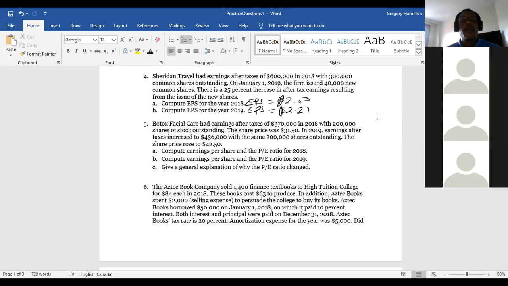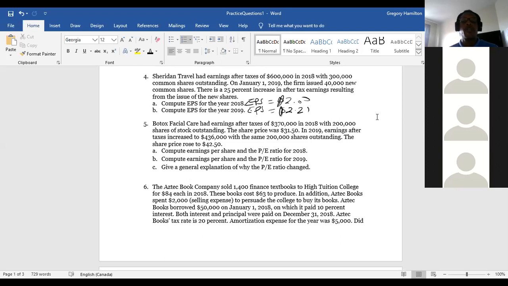Botox Financial Care had earnings after tax of 370,000 in 2018, with 200,000 shares outstanding. The share price was $31.50. In 2019, earnings after tax increased to 436,000, with the same 200,000 shares outstanding, and the share price rose to 42.